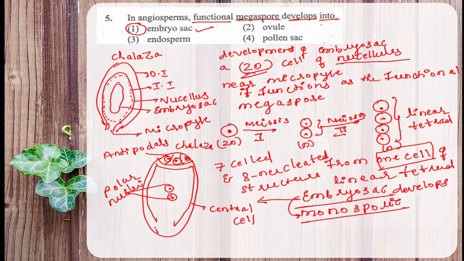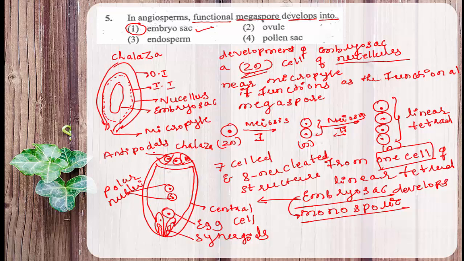And at the micropyle, the egg apparatus is present. The structure I am drawing is a synergid, and above the synergids, the female gamete egg is present.